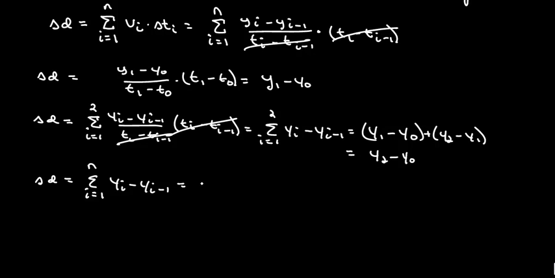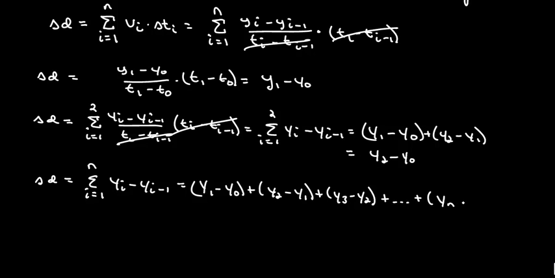And so that will give me y_1 minus y_0 plus y_2 minus y_1 plus y_3 minus y_2 plus, and then down to the end will be y_n minus y_{n-1}.